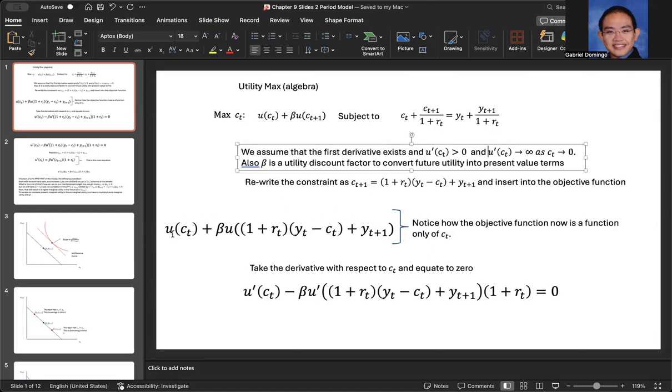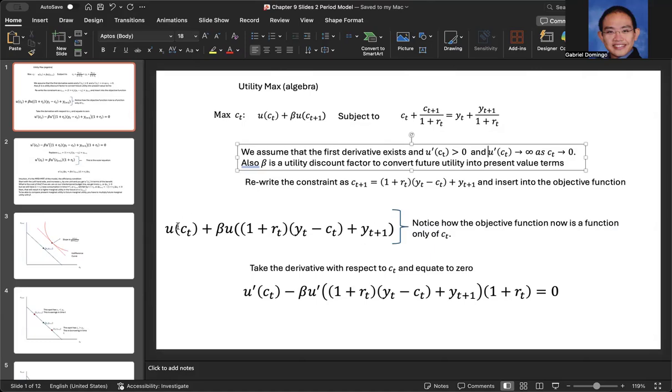And note that now your entire objective function is a function of C_t, C_t there and C_t here. So now you only have one variable that you need to vary, C_t. Now that makes sense because, like we said, the intertemporal budget line tells you that your C_t decision is basically an S or savings decision, which will impact your future consumption. So the future and the present are linked.